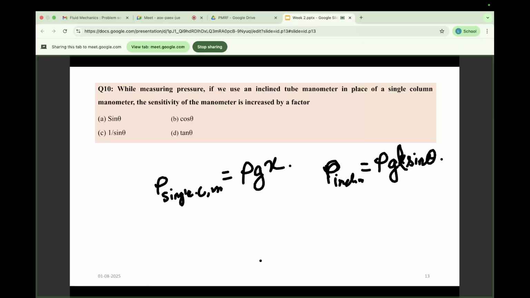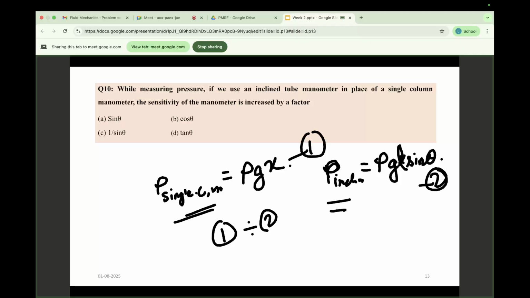Since they both are used for measuring pressure, say these are giving the same pressure. If I consider this as 1 and this as 2, then 1 divided by 2, these two pressures are equal because while measuring pressure I consider the pressure in both scenarios equal.